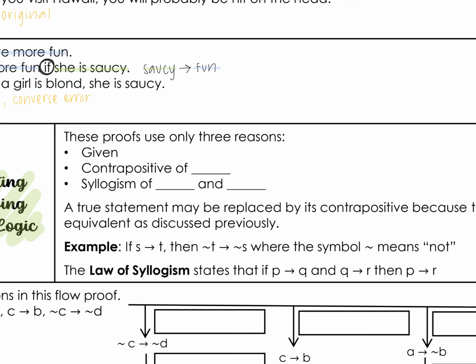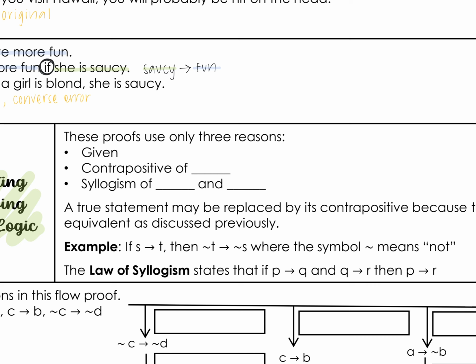The way we have y'all in this class write your proofs are flow proofs, so you actually don't have to worry about that. You just have to say contrapositive. And then in the last one, we have syllogism of, and you would tell me which 2 sentences. But like I said, because of the flow proofs and the way they're formatted, you're already going to be telling me which 2 sentences you are using. So we'll just have to write the word syllogism.